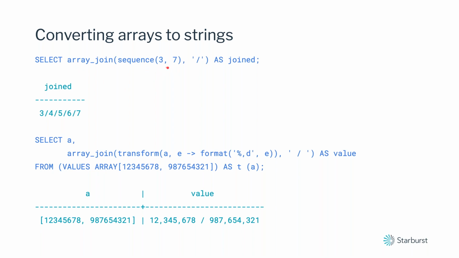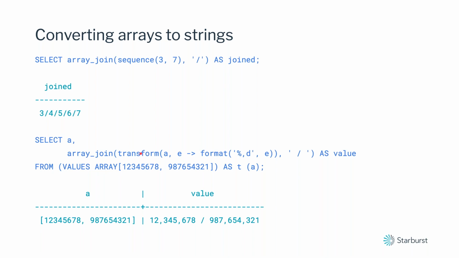That takes an array, and then it takes the string to use to combine the array elements together. And then we see that we get 3/4/5/6/7 as a string. This could be a comma, this could be a multi-character string, anything you want. This is pretty useful when you want to produce various output, or combine it with other string functions.